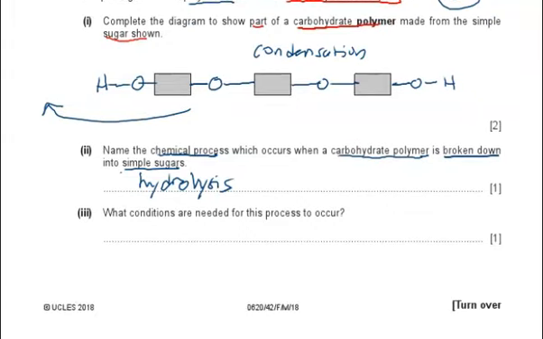What conditions are needed for this process to occur? We need an enzyme. Or you can say we need heat and also acid, a dehydrating agent.